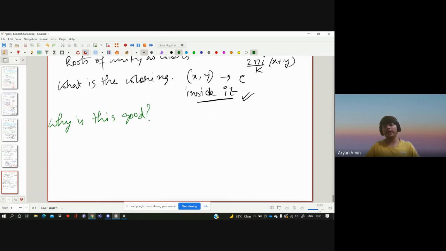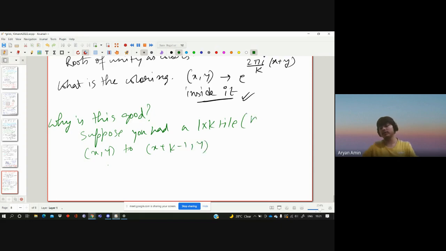Suppose you had a 1 cross k tile, from (x, y) to (x plus k minus 1, y). Suppose it's horizontal. So what is the sum of values in the squares?